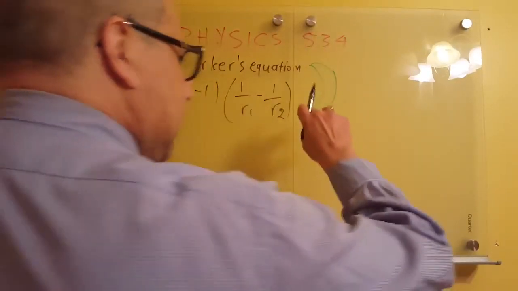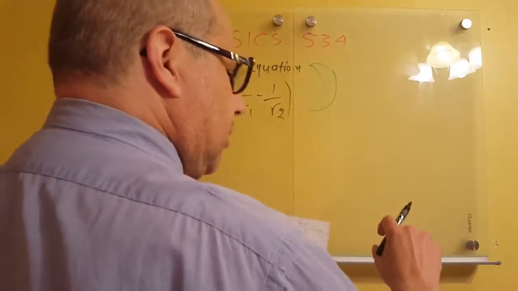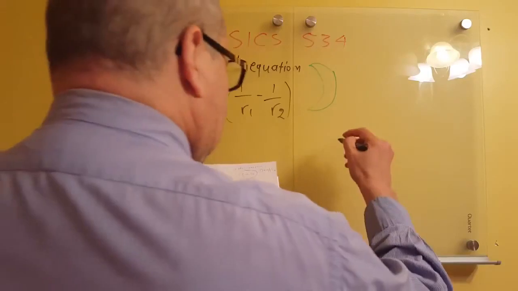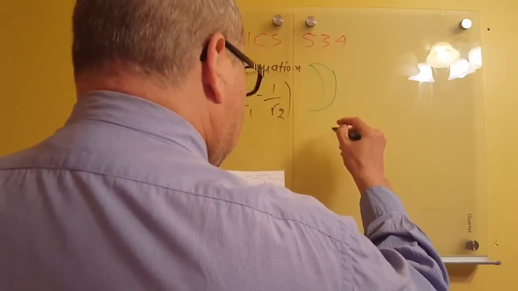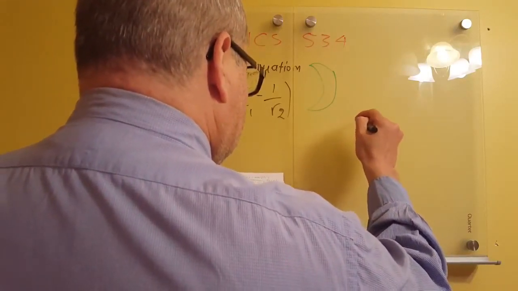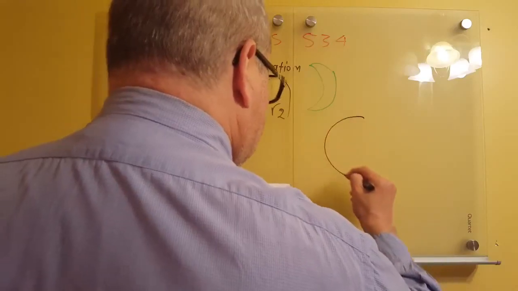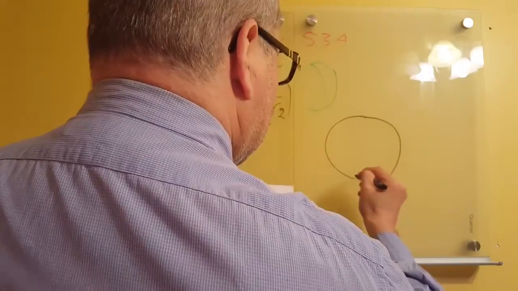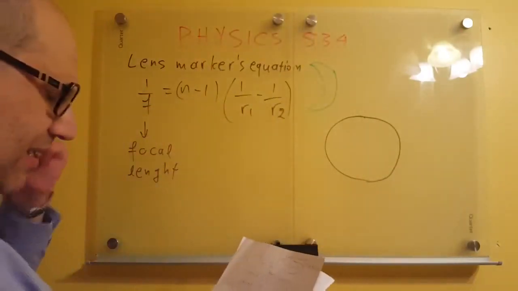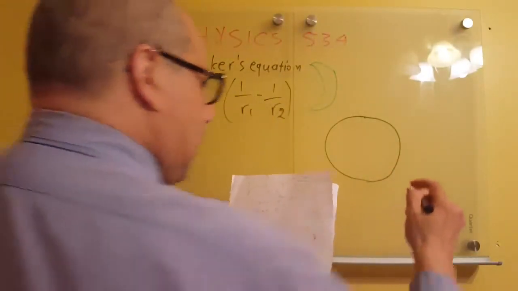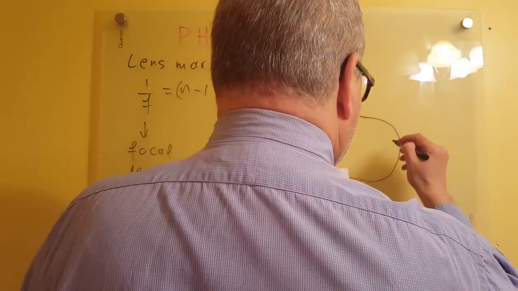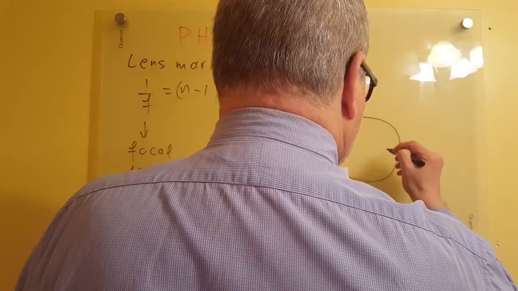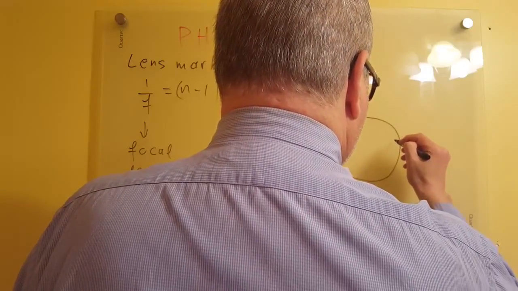This here, let's try to draw it in the right way. I would try to do it here. Let's say we have one big circle, approximately like this, and then we have one smaller circle, approximately like this.